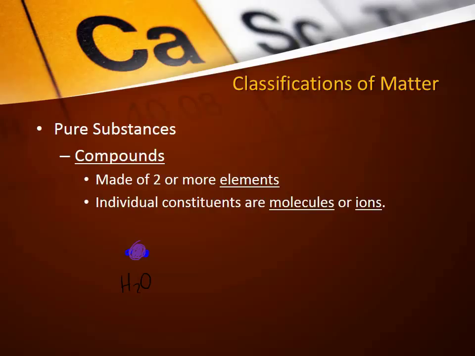And if I have a sample of H2O, the individual samples of it are all going to be molecules. So a whole molecule, not just the atom. That's what we mean by individual constituents.